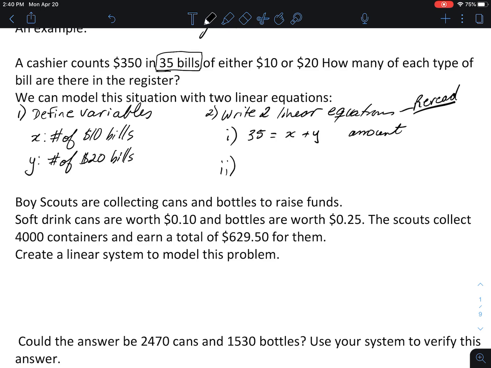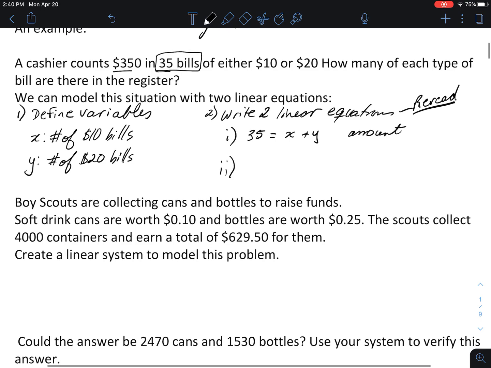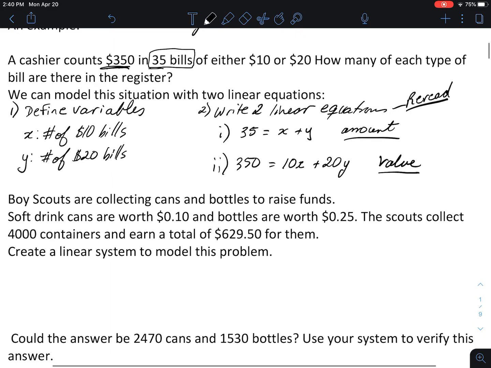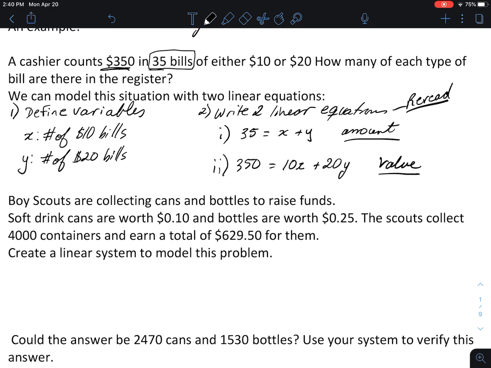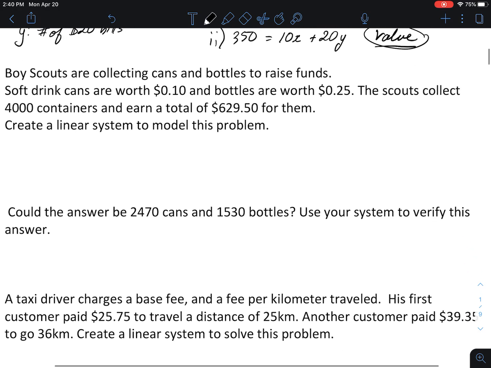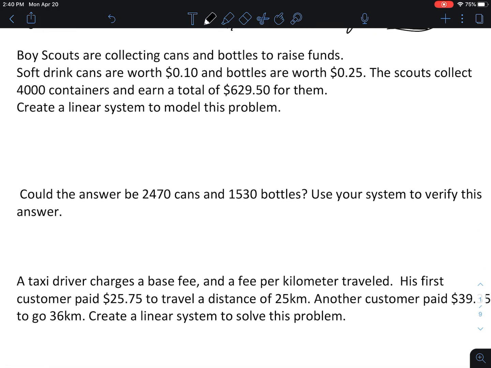So my first equation here is really just about the amount that I have. And the second equation is going to deal with the value. So $350 is $10 times every 10 that I have, plus $20 times the number of 20s that I have. And this one is more about the value. Okay, so you'll see this as a theme in some of the word problems that you'll solve, where one equation is about amount and the other one is about value.